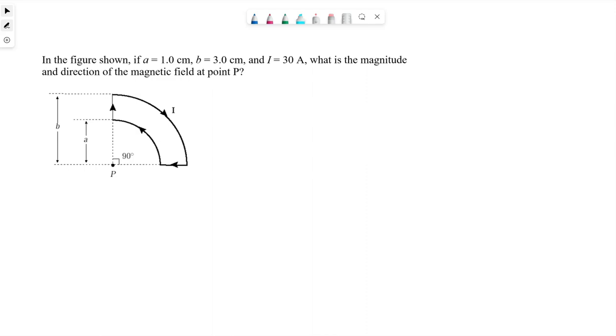So in our picture, we have this kind of quarter circle section. It's only a portion of two coils, but they're connected, so the same current is flowing throughout all portions.